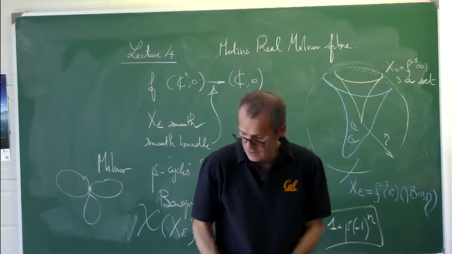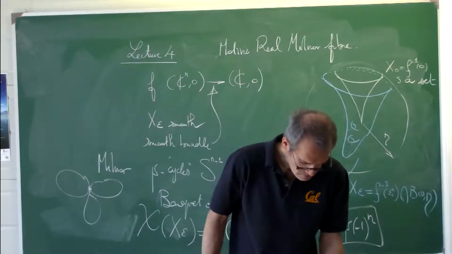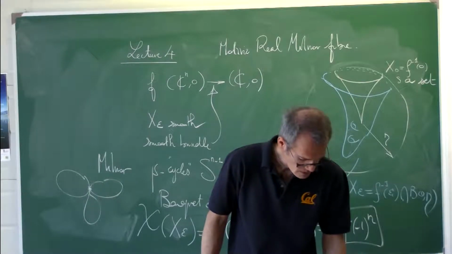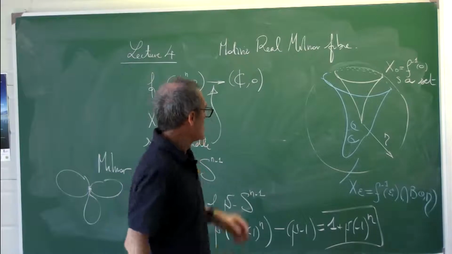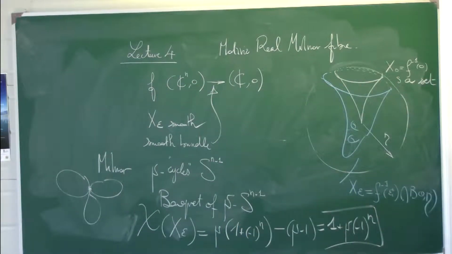But we would like more. We would like more interesting invariants in this situation. So if you remember the first lecture, we have a convenient deformation now of the singular object we would like to study. Even if the topology is stupid, we still would like to study the white object.